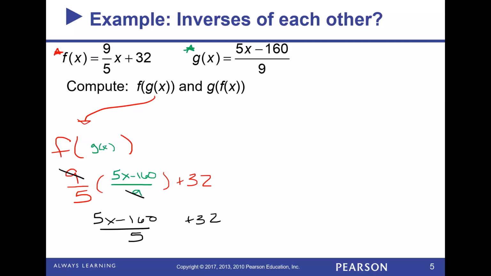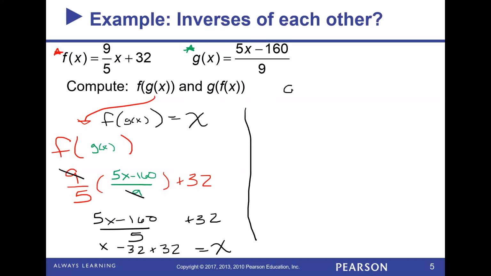If I divide everything by 5, let me erase that 5 there, 5 divided by 5 is 1. So this is x minus 32 plus 32, which simplifies all the way out to x. So f composed of g of x, when I plug in the g of x function, simplifies to x.